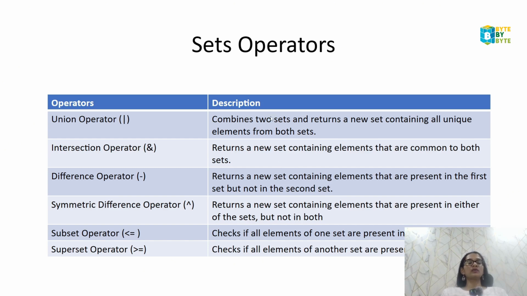Until now, whatever operators we were seeing, they were returning a new set. The last two operators will return either true or false. Okay. So the subset operator means it will check whether the elements that are present in one set are also present in another set.